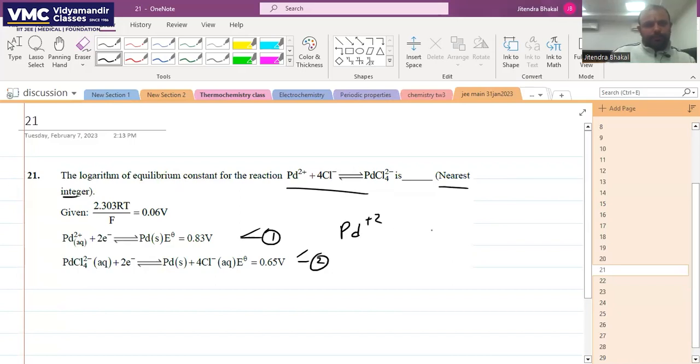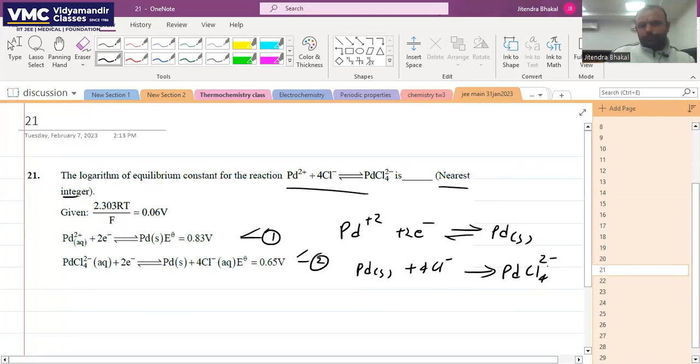So Pd plus 2 electrons gives Pd solid, and if we subtract it, it will be Pd solid plus 4Cl minus gives PdCl4 minus 2 and 2 electrons. In both the reactions, 2 electrons are there. They will cancel out and we will get this equation.